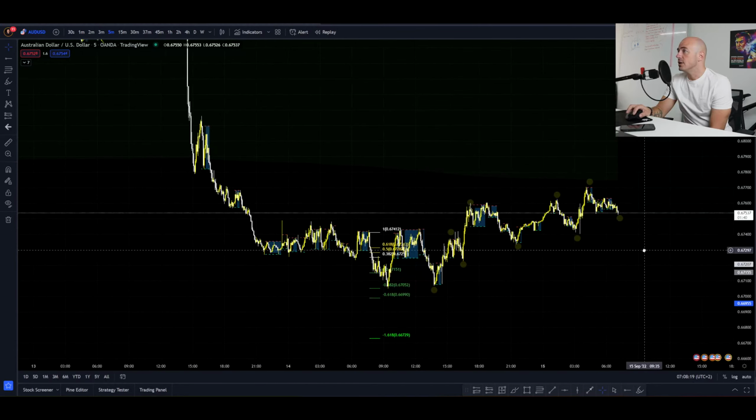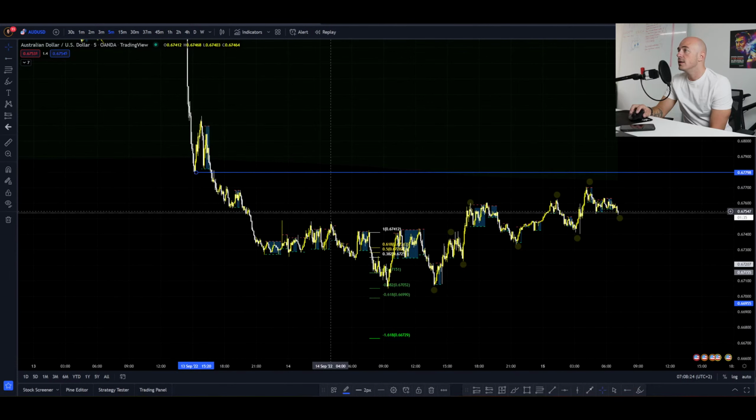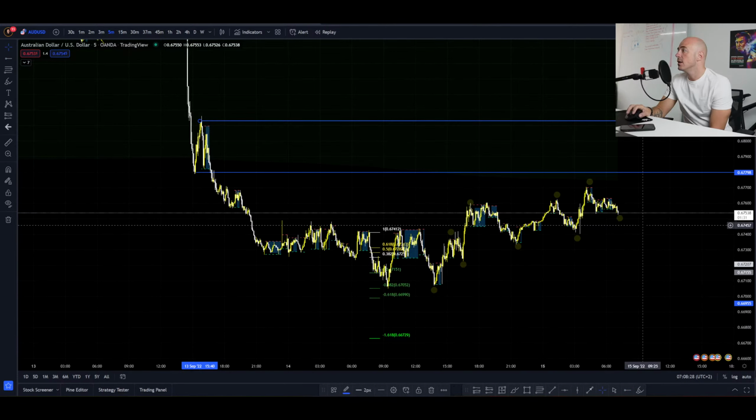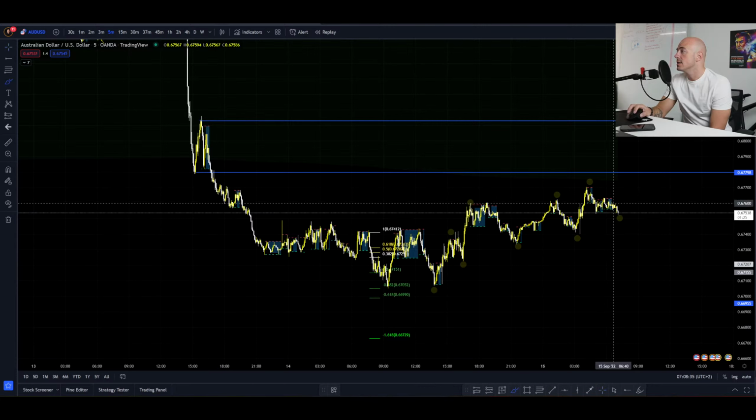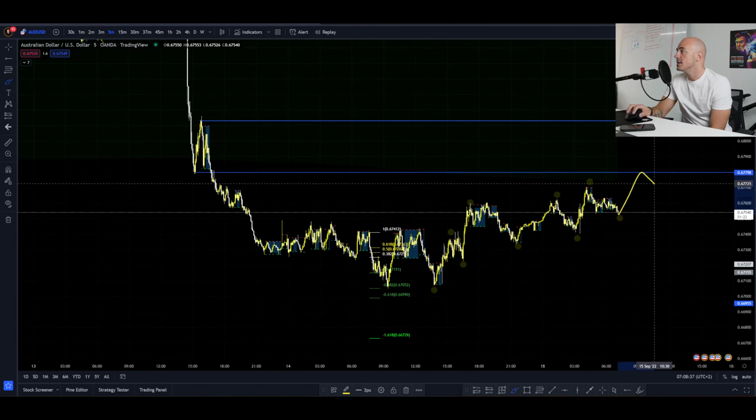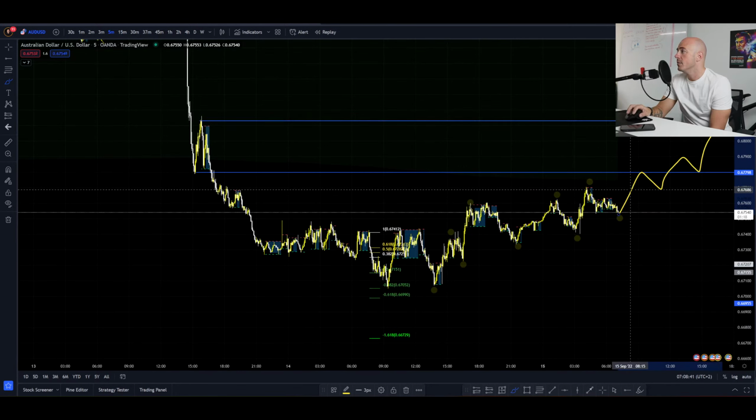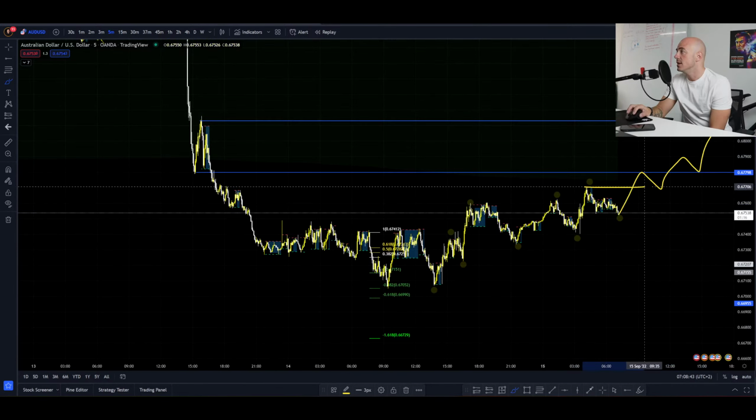So with that structure, keeping in mind this swing, and then this swing, we might see something like this, because this level, it would break and retest.